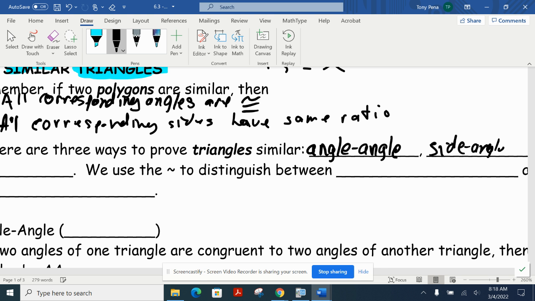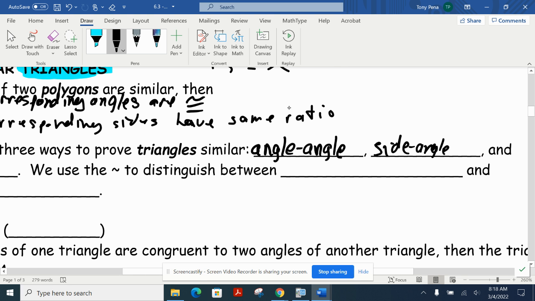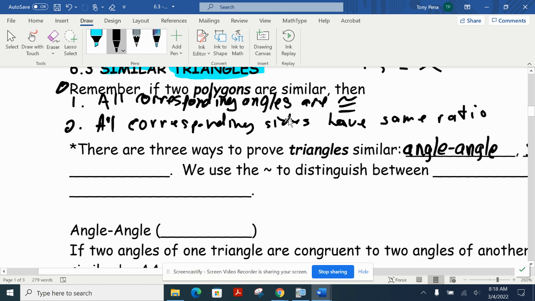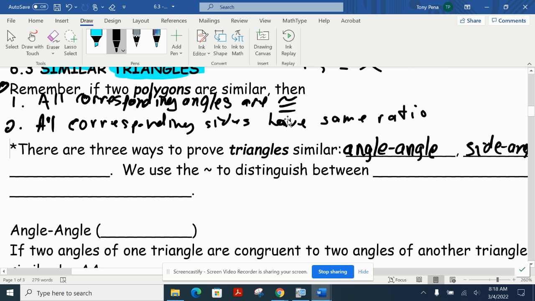Angle, side. All right, so we have angle, angle, side, angle, side. And then our third one that we're going to be using as we show that triangles are similar to each other is going to be side, side, side. Okay, those are little theorems that we would be saying.